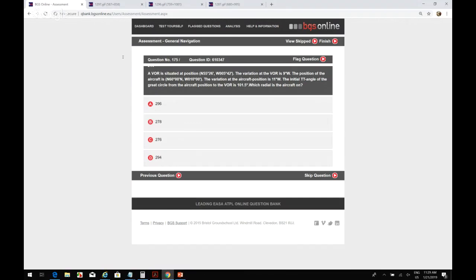And the variation at the aircraft position is 11 west. The initial true track angle of the great circle from the aircraft position to the VOR is 101.5. Okay, so 101.5.